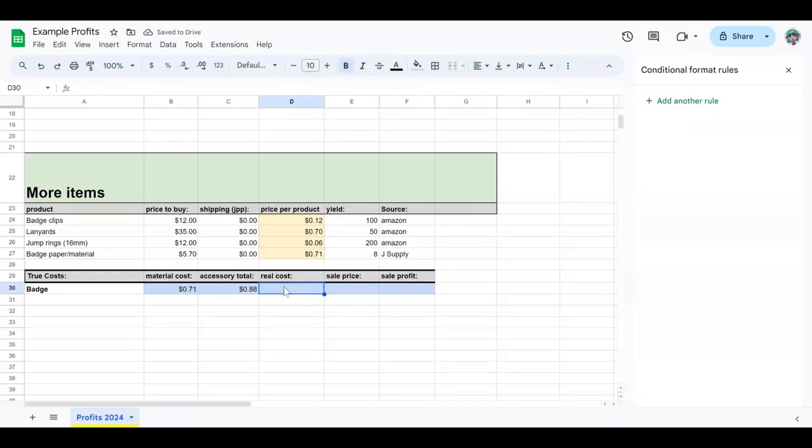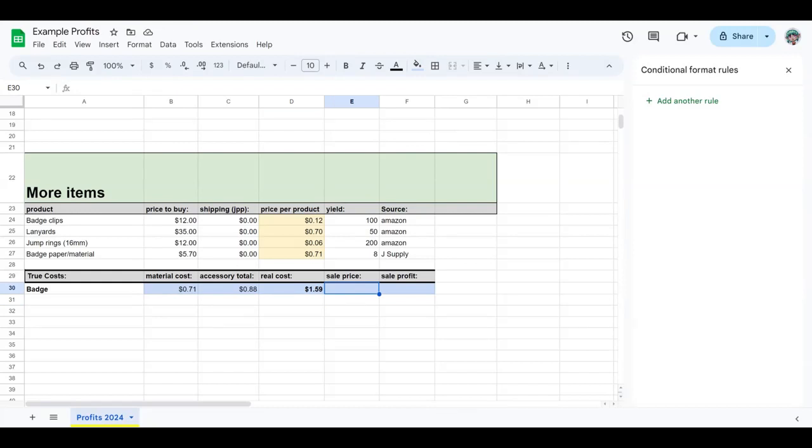Cool. So our real cost, go up to the FX. You say equals, your material cost box plus your accessory box. Okay, so our real cost for each badge is $1.59. Let's say I'm going to sell them for, I don't know, let's just make up a number.